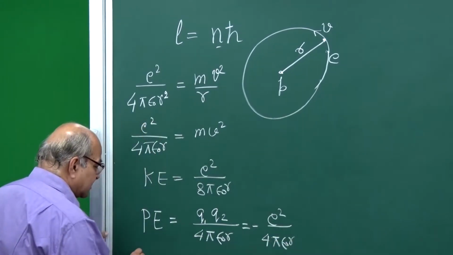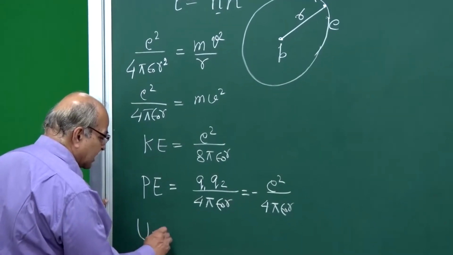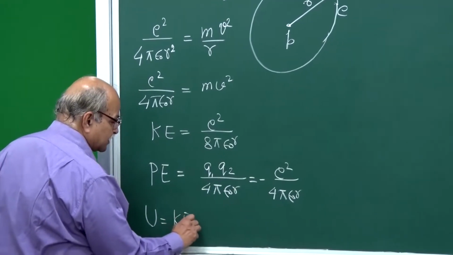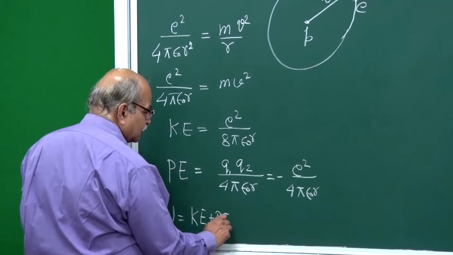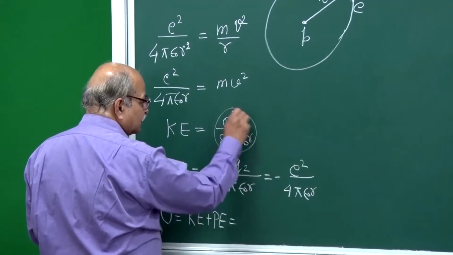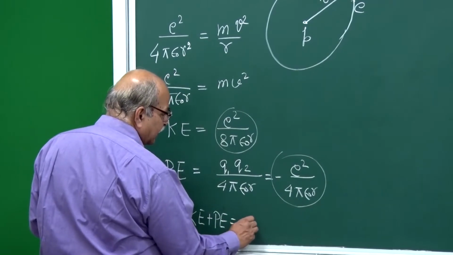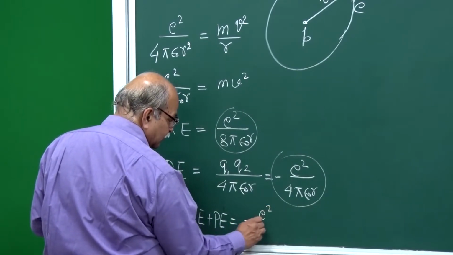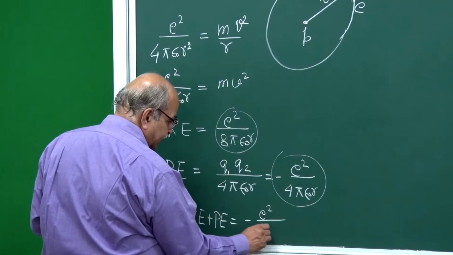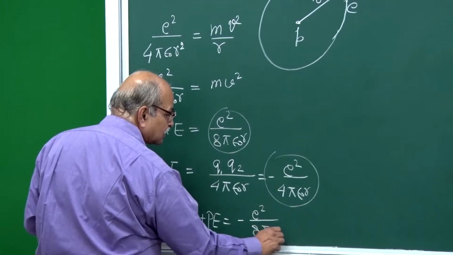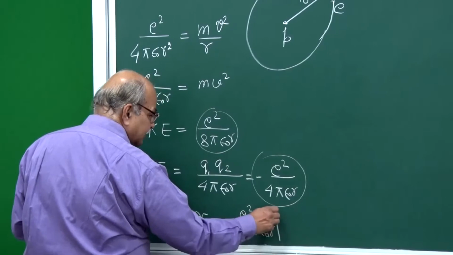So, the total energy U, which is kinetic energy plus potential energy, adding these two, you get minus e square over 8 pi epsilon naught r. So, this is the total energy.